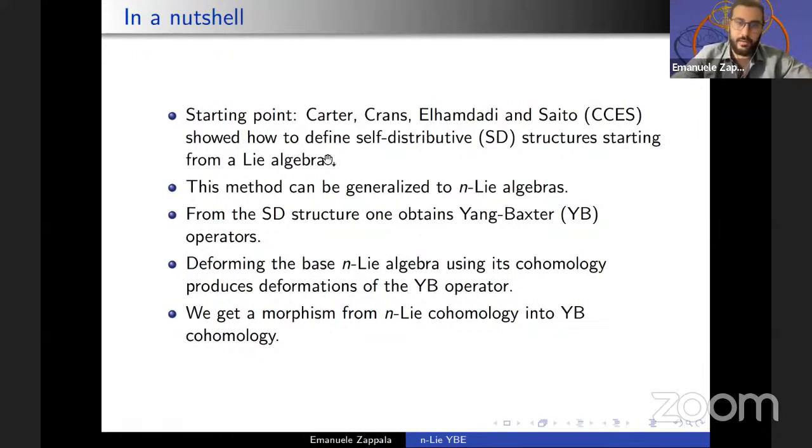And this method can actually be generalized, starting from n-Lie algebras, a sort of generalization of the usual binary Lie algebra. And you can get a self-distributive structure as well, of a higher arity though. All these definitions I will mention. And then there is another general way to construct Yang-Baxter operators from self-distributive structures.